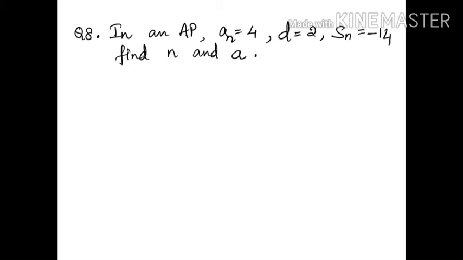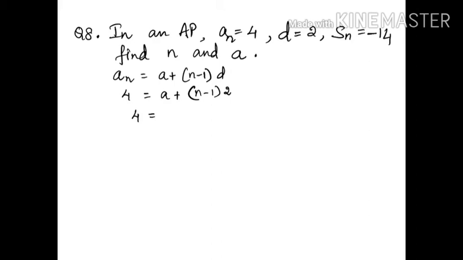Let's use the expression for the nth term. An is equal to a plus n minus 1 times d. So 4 is equal to a plus n minus 1 into 2, substituting an and d.